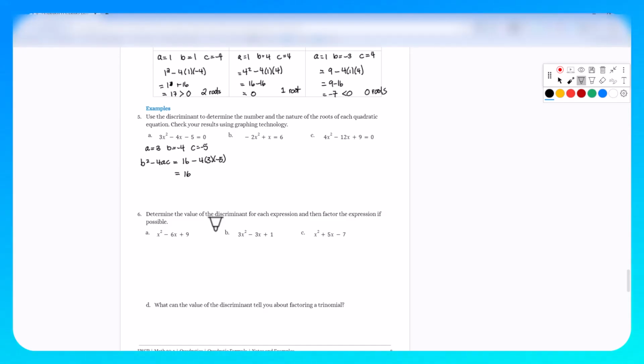Minus a negative times a negative is a positive, and we have 3 times 5 is 15. 15 times 4 is 60, which gives us 76, which is greater than 0. So because this is greater than 0, we have two real, unique roots. Let's look at the next one. Well, before we start, we actually have to get that 6 to the other side.